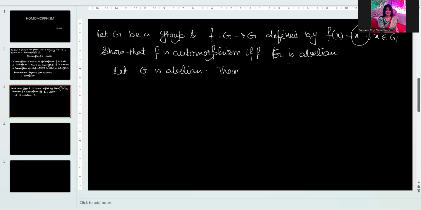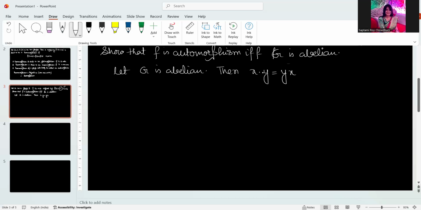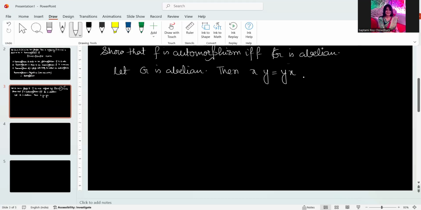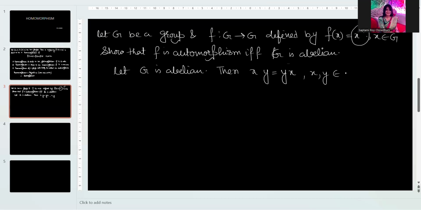Then we can write xy is equal to yx, for x, y belongs to G.